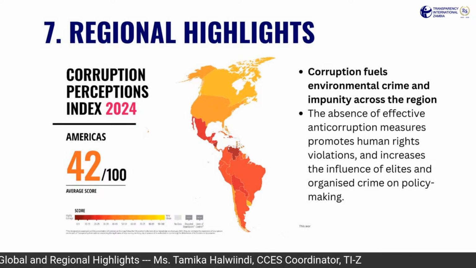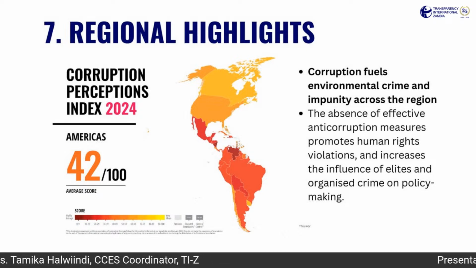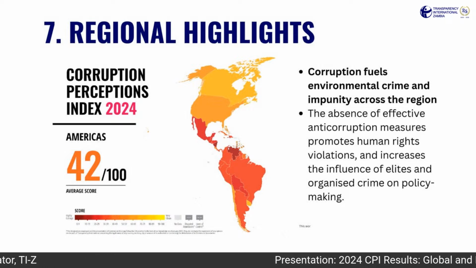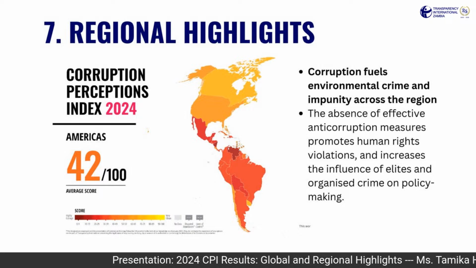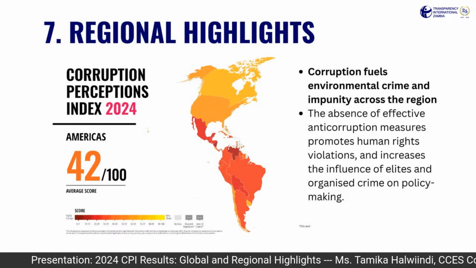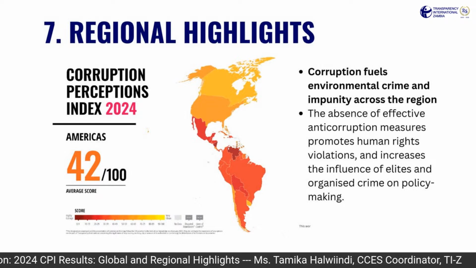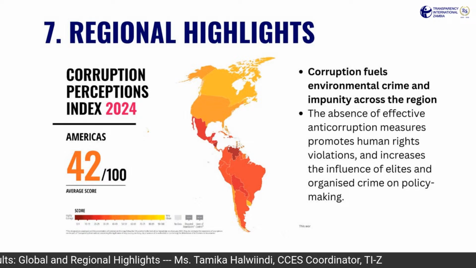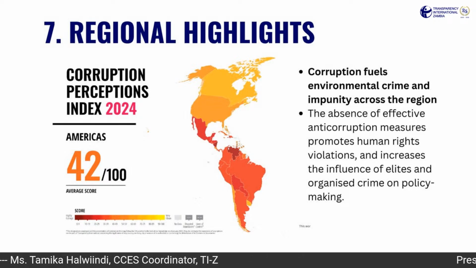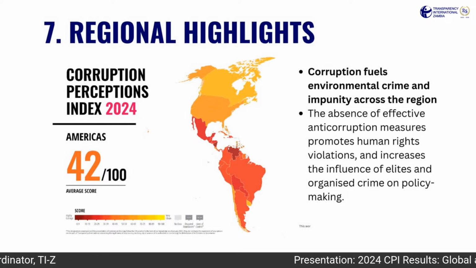And in light of the 2024 CPI theme, which is corruption and the climate crisis, what our analysis shows is that corruption is fueling environmental crime and impunity across the region. People who are familiar with this region, particularly Latin America, will attest to the issues to do with human rights violations and organized crime in the region that is feeding off the public sector corruption.